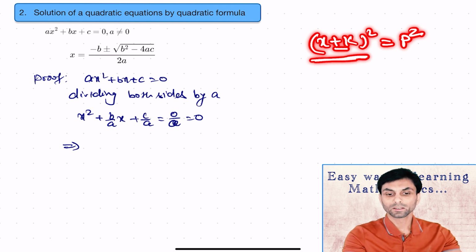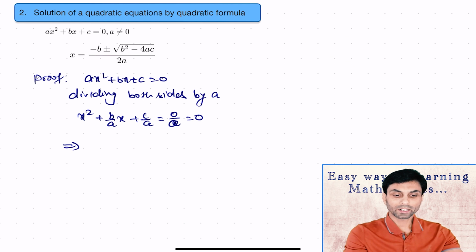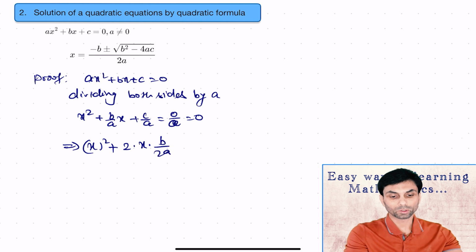So it will be a square of a linear polynomial. So for that, we'll take x square plus we will rewrite b upon a x as 2 into x into b upon 2a. So if you check here, we have just rearranged, as if you cancel 2 and 2, still the value will be bx upon a.